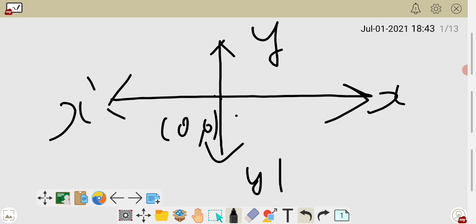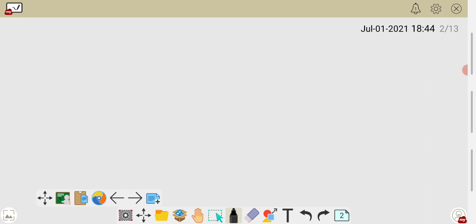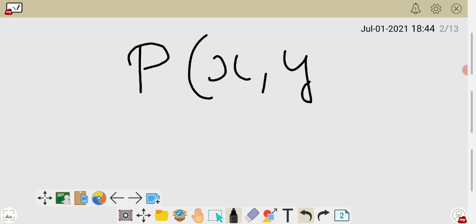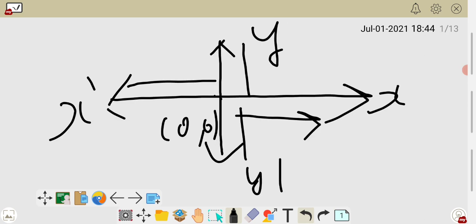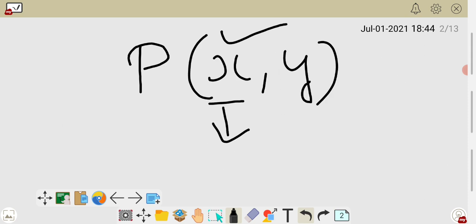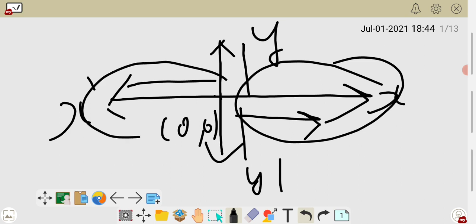This side shows the positive part, this side shows the negative, and this is also positive, and this is also negative. Second thing, if you have any point in coordinate geometry, you have to write it in the form of x comma y. The first value always shows the value on the x-axis. If it is a positive value, it will be on the positive x-axis, and if it is a negative x value, it is on the negative x-axis.